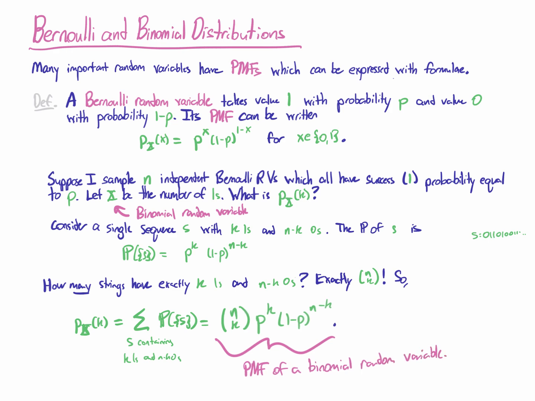So, Bernoulli random variables describe a single coin flip with some bias in the coin described by a probability p. Binomial random variables describe the aggregate result of many coin flips. If I flip a coin n times, and that coin has some bias equal to p, what's the probability of observing some specific number k of successes or heads in all those trials? It takes a little work to get there, but we can derive this binomial probability mass function, named after our friend the binomial coefficient sitting right here.